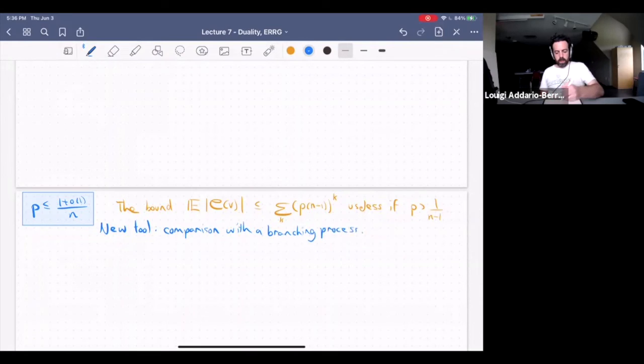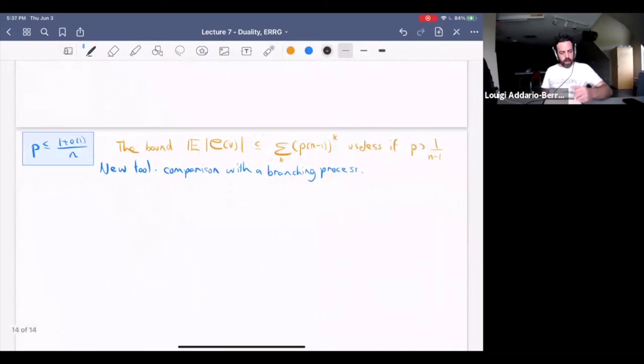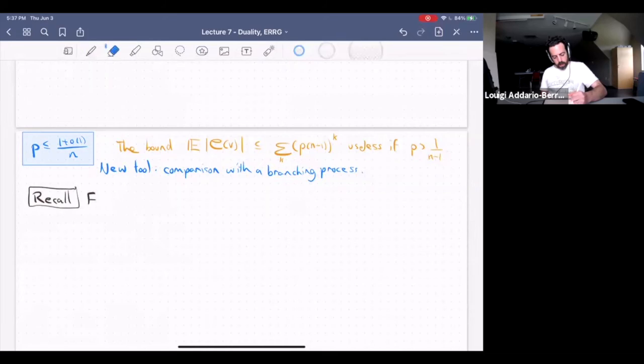Okay, so for this, I need to remind you of the notion of stochastic comparison of random variables. I expect this is familiar; I think it's part of a standard probability course curriculum.